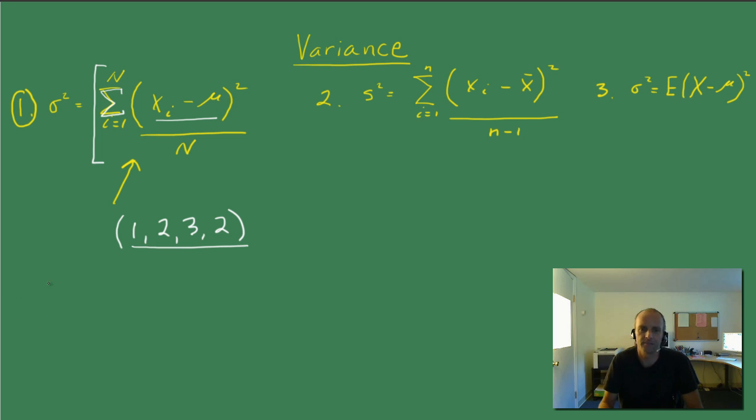So if we take it step by step, let's write this out and figure out what it's saying. All these xi's: we can look at the number 1 here to be x1, and this number 2 to be x2, and so forth.